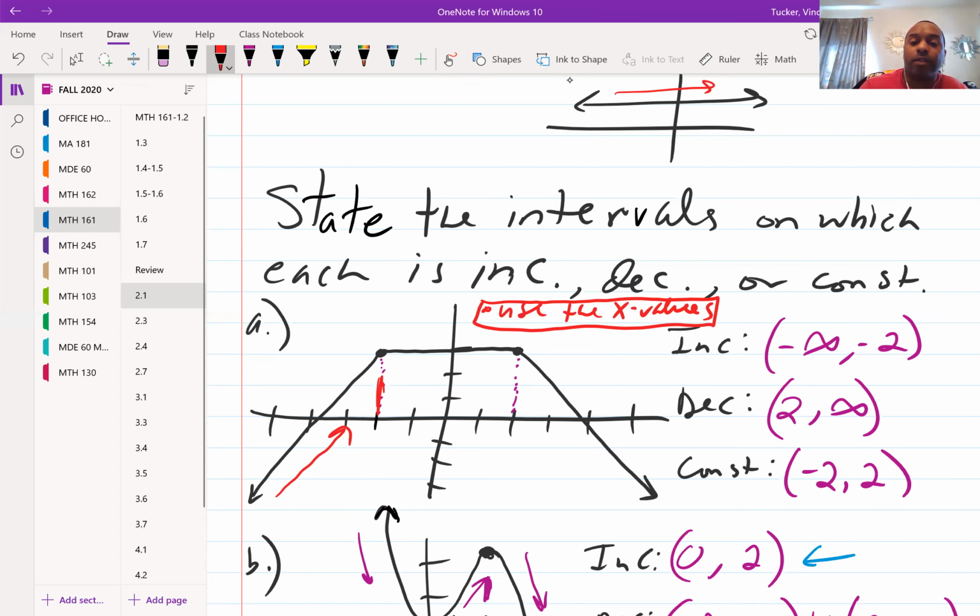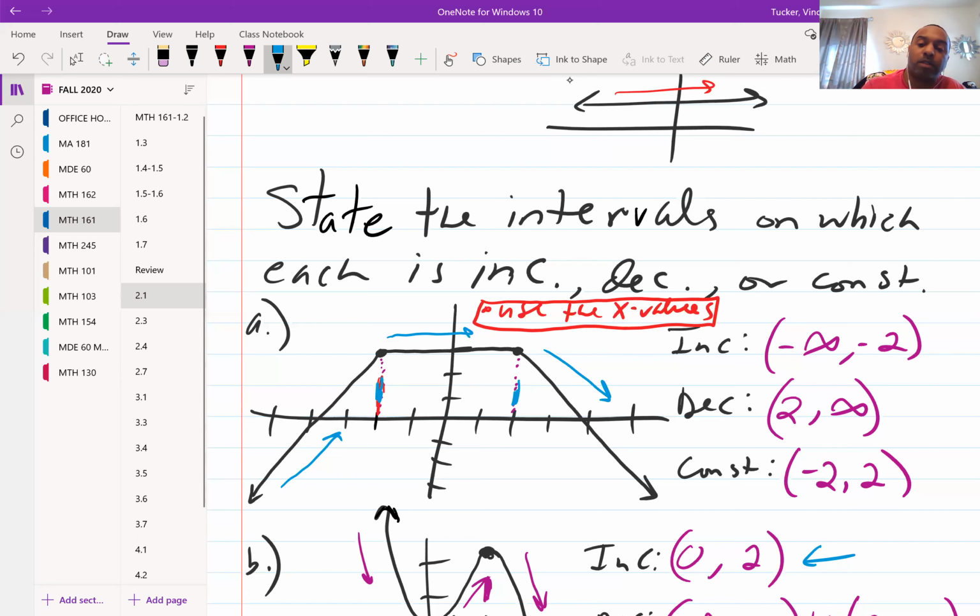Our function is increasing. Then from -2 to 2 is constant. And then from 2 to the right, remember to the right will be positive infinity, that means it's decreasing, it's going down.